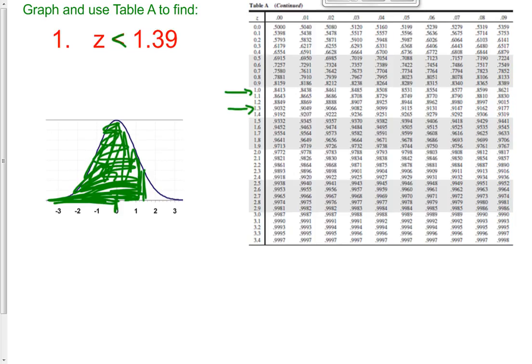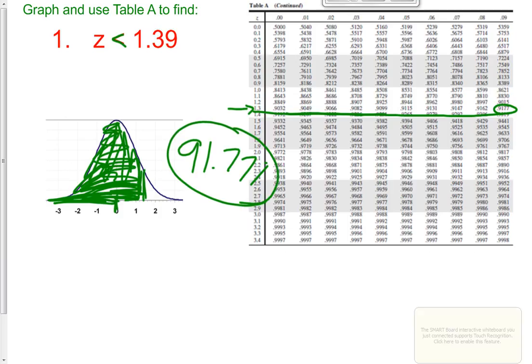So 1.39 is right here: 9177. So 91.77% of the data lies below a Z-score of 1.39. Okay? And again, it should be greater than 50. 91.77 indeed is greater than 50.